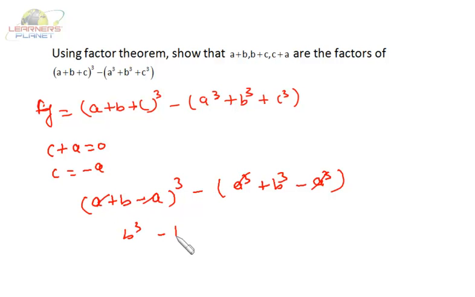So it's b cube minus b cube. Still we are getting 0. That means a plus b, b plus c, c plus a, all of them are factors of this expression. Okay, a very simple application of the factor theorem. I hope you are clear.